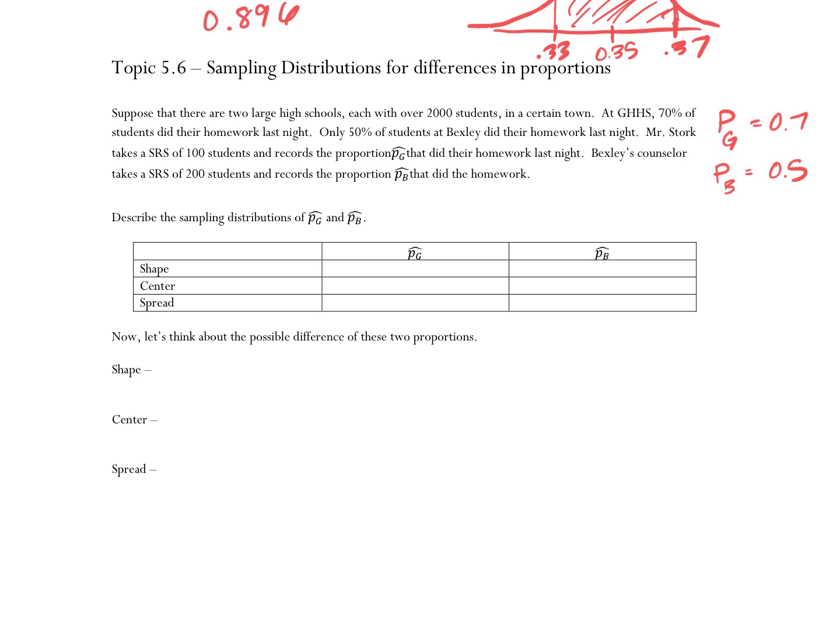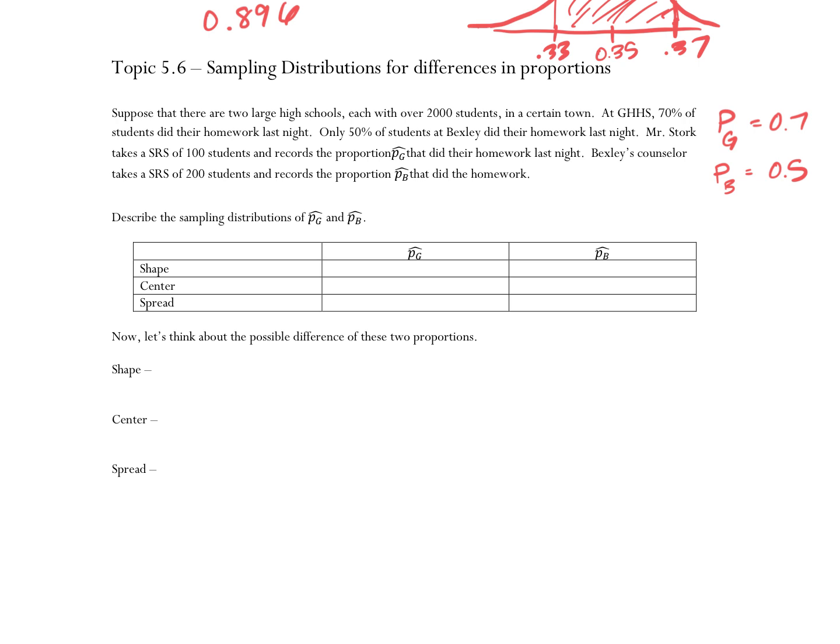Okay, so let's go ahead and pretend that Mr. Stork and Mr. Bexley counselor guy are having a competition. They're each going to take a sample of students from their schools, from a certain day, and look at those percentages. Cool? Now, is Mr. Stork's percentage going to be 70%? Probably not.